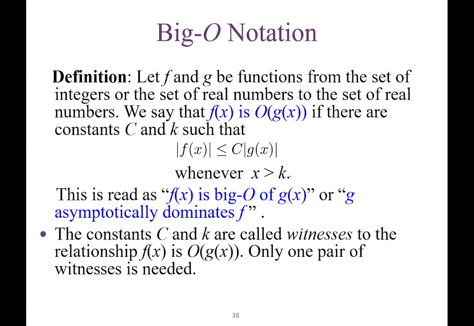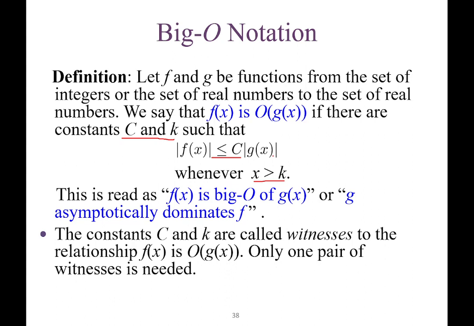So in this case, we have two constants, c and k. This inequality holds when x is larger than k, and the value of f of x is smaller than c times g of x.